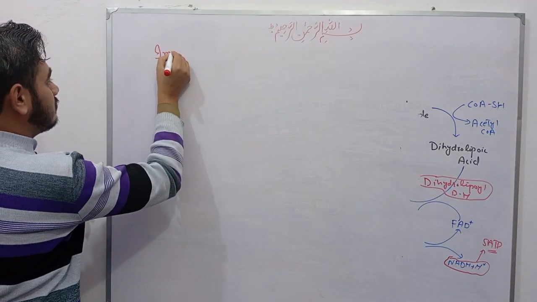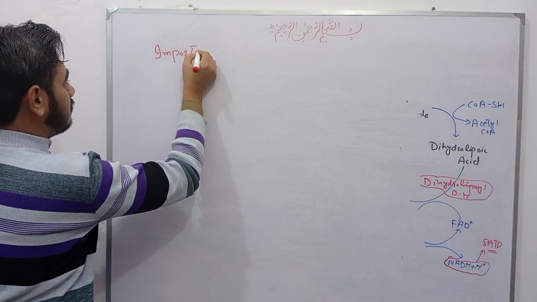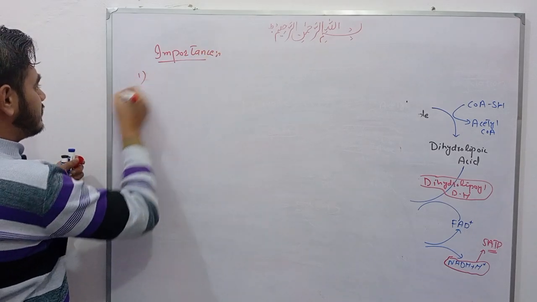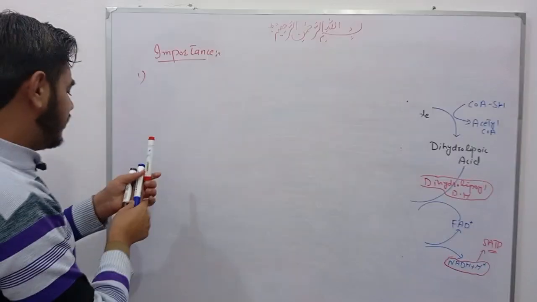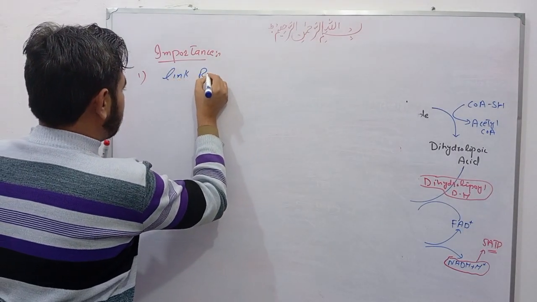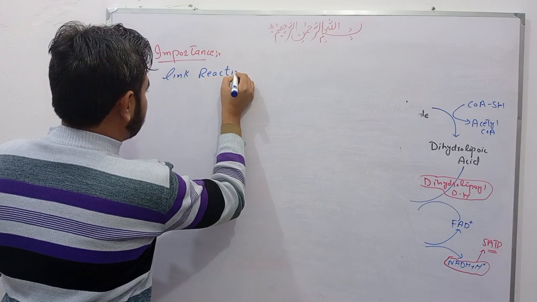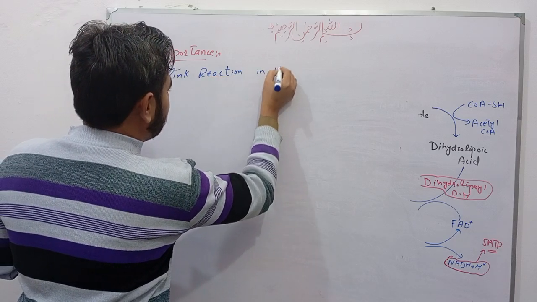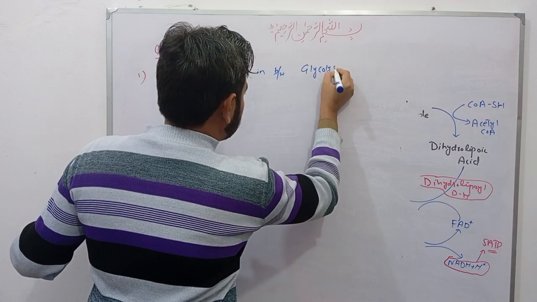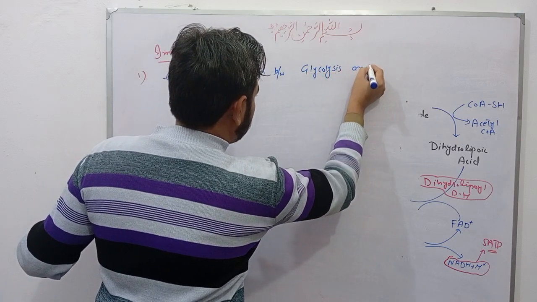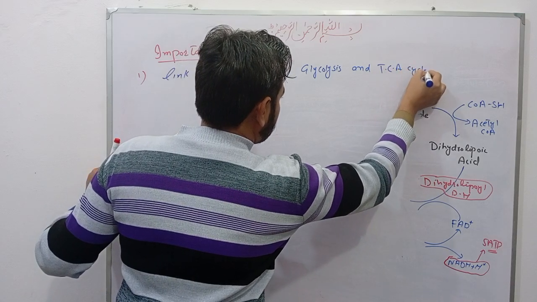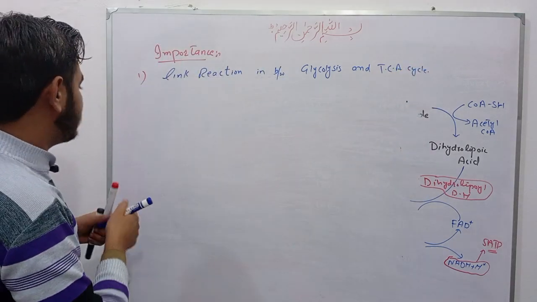Students, first one is, it is a link reaction in between glycolysis and the TCA cycle. Okay, this is the first importance.